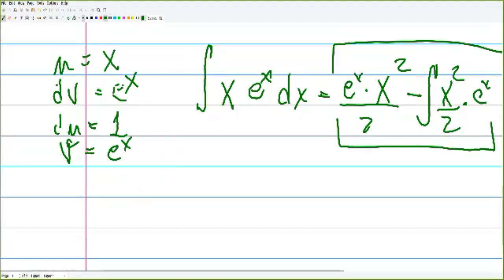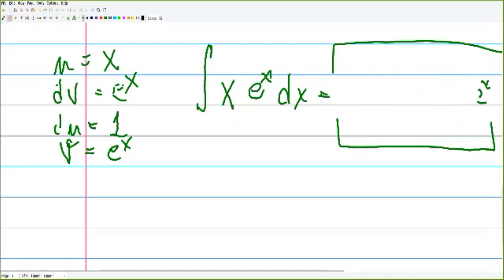What we would have then is u times v, so x times e to the x, minus the integral of v, which is e to the x, and du, which is 1 dx.